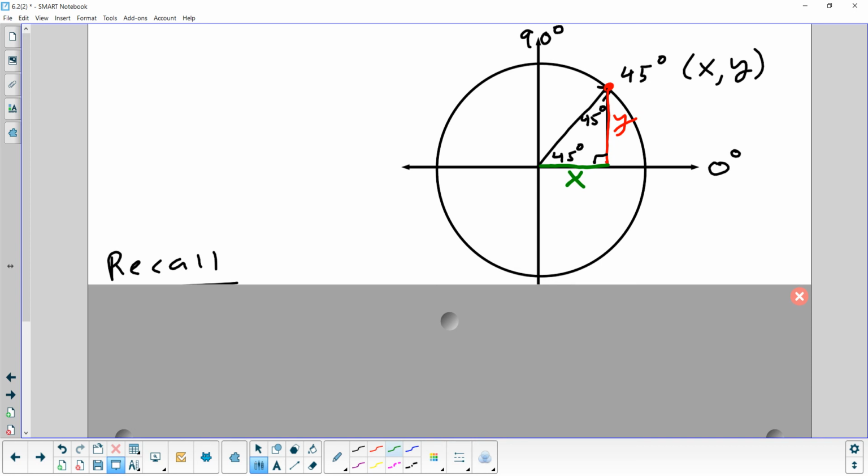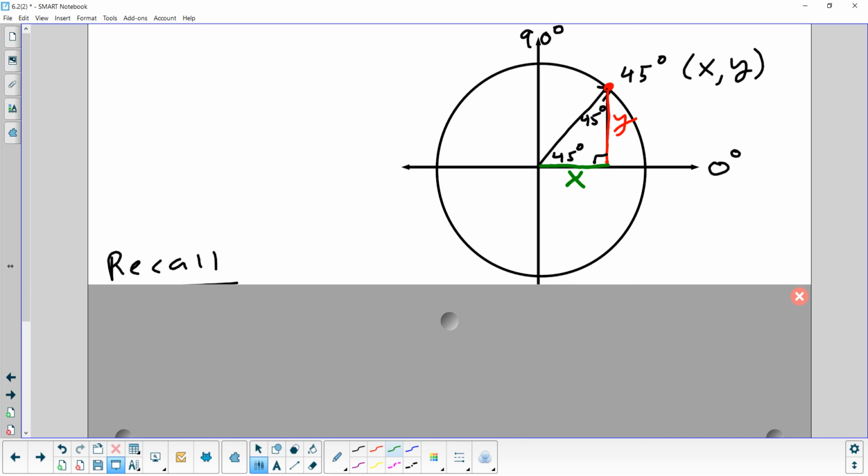So what does that mean about it? That makes it something else. Compared to a triangle that had three different angles. This one has two angles the same. What does that mean? Yeah. It's isosceles. Yeah, that's an isosceles right triangle.